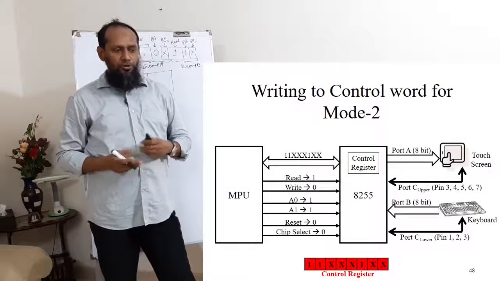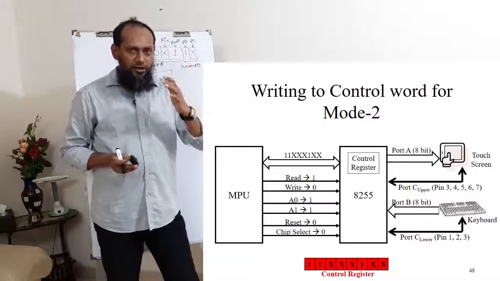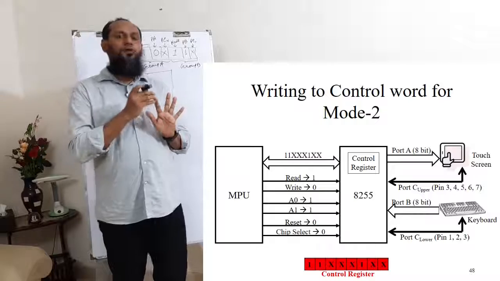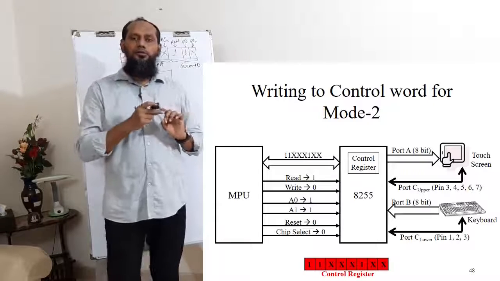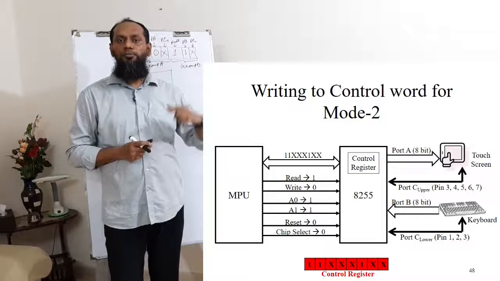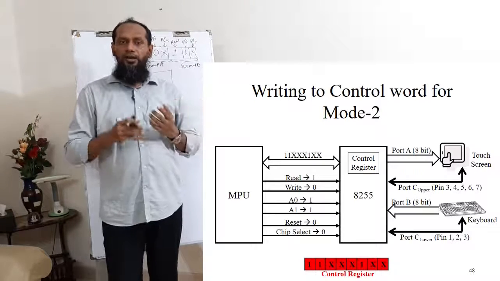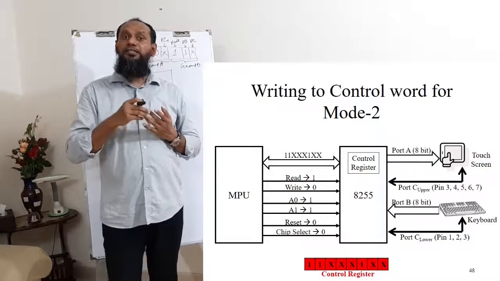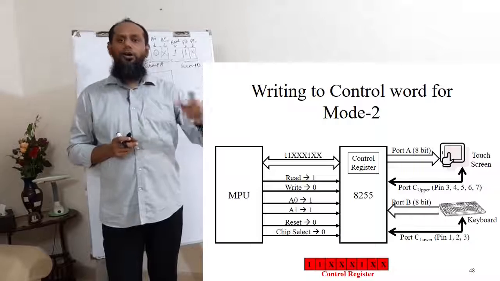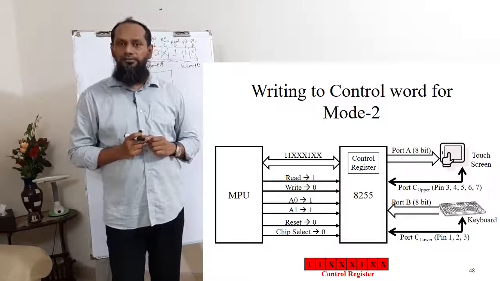Now, in mode 2, this is the same. For bidirectional operation, 5 pins are used for input output for port A. Once again, for port A, 5 pins are used as a control connection for handshaking in bidirectional I/O operation.